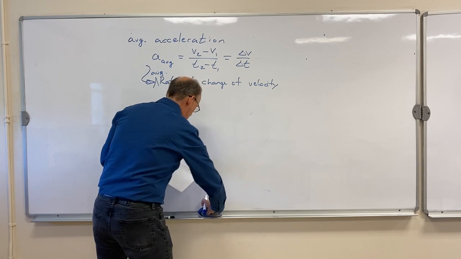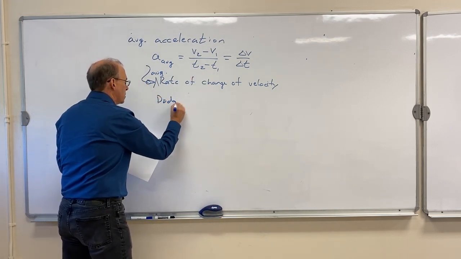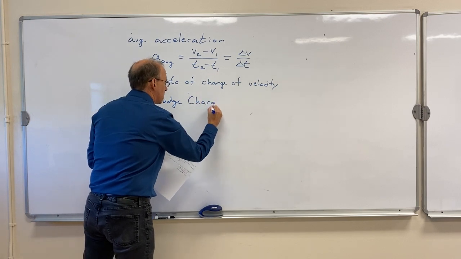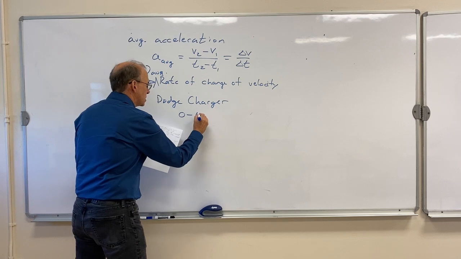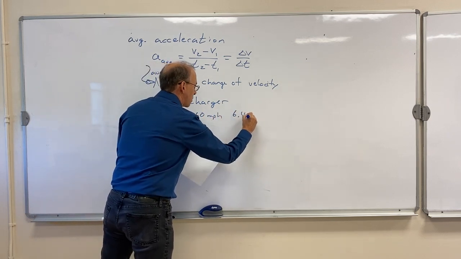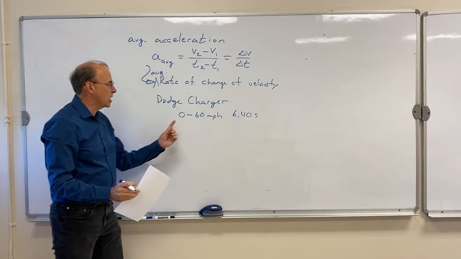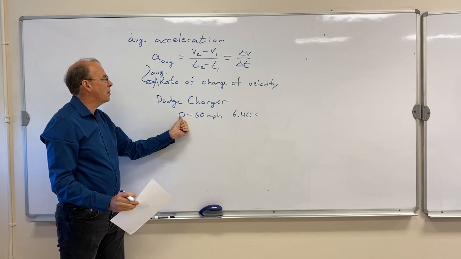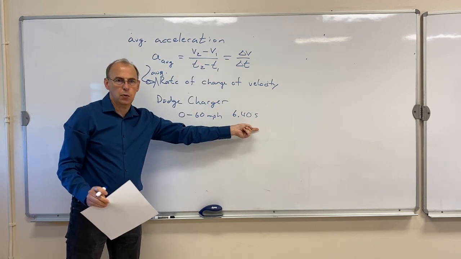Some of you might enjoy cars. I looked up an example of a Dodge Charger that you might consider a muscle car. A Dodge Charger can go from 0 to 60 miles per hour in 6.4 seconds. So it can change its velocity from 0 miles per hour to 60 miles per hour in an elapsed time of 6.4 seconds.